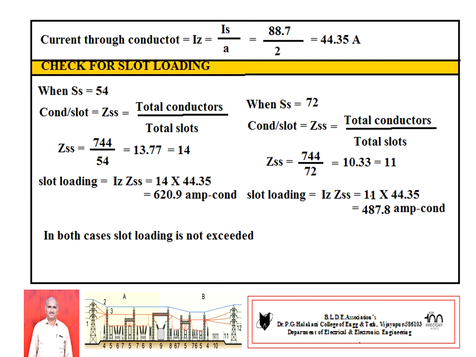Similar procedure you apply for SS equal to 72. When SS equals 72, total conductors divided by total slots, we are going to get around 11. Slot loading 487.8. Then you compare what condition is given. As per that condition, both stator slots are eligible for selection.